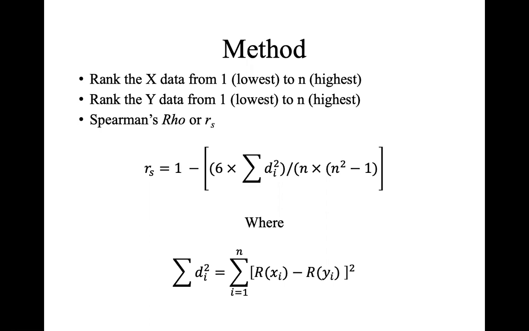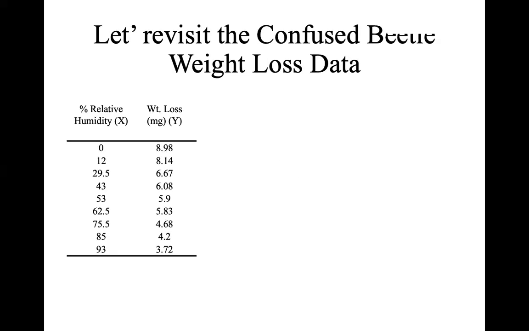So the equation is relatively easy to work. So we can go back to the confused beetle weight loss data, which is what I've been using as the example for all of these regressions. One of the things that's nice about this data set is that it's small for one thing, and the relative humidity is already ranked. So if we were going to rank X, it's really easy.